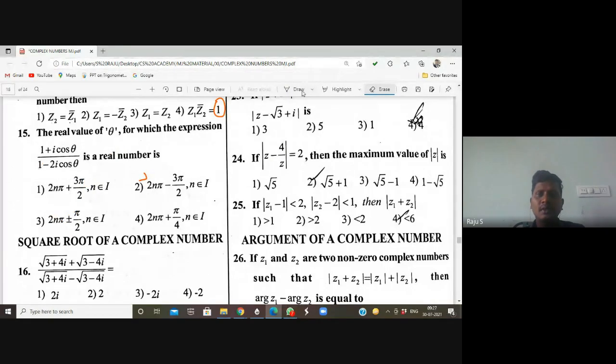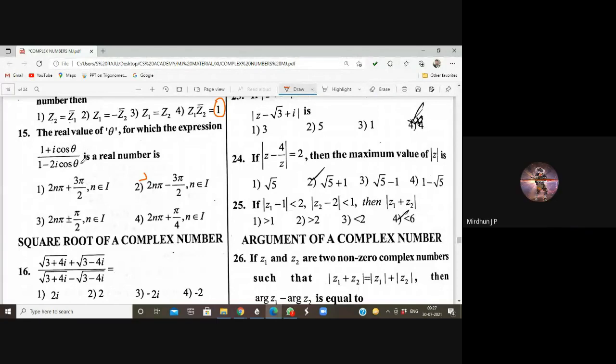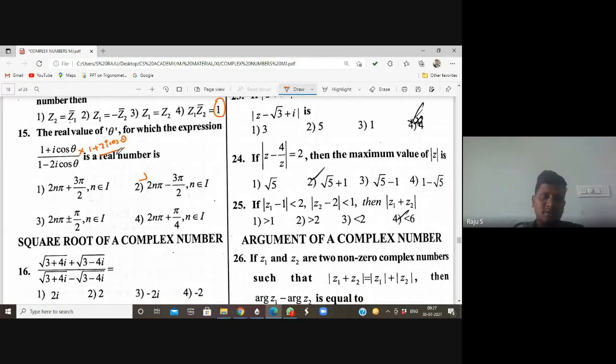Clear, students? Other than 90 and 270, they have given 45 only. If we substitute that also, you will get imaginary only. Yes, imaginary. See here, even if you want to do the general procedure, without option verification, you can change it to standard form. After changing into standard form, clearly they mention it is a real number.